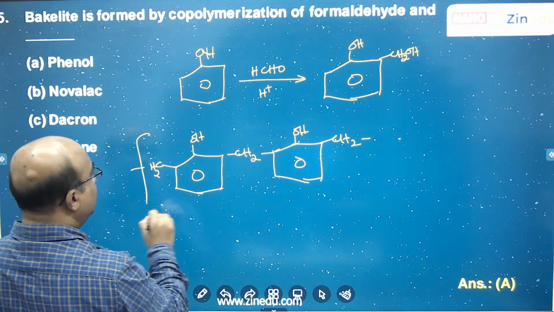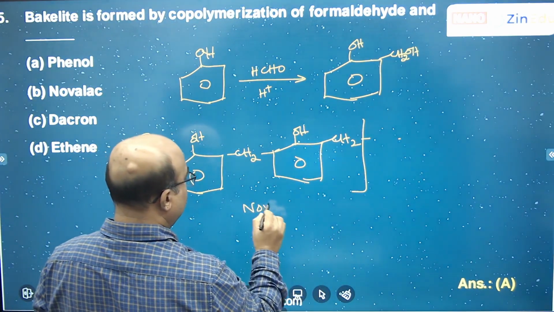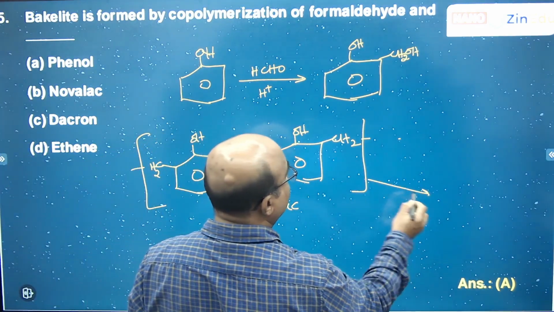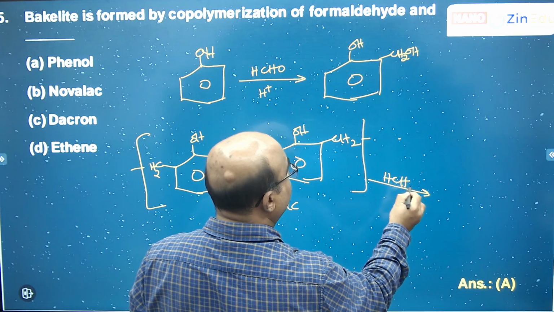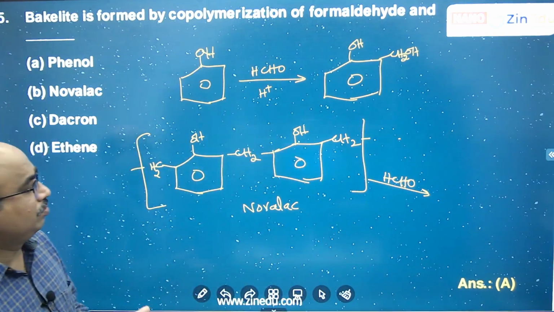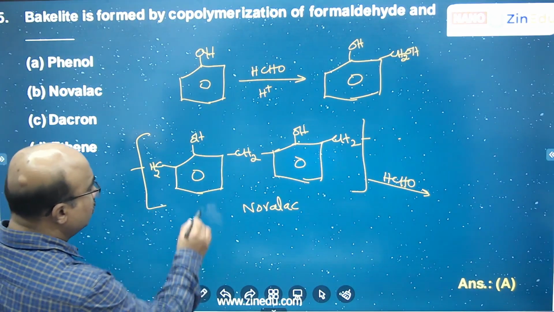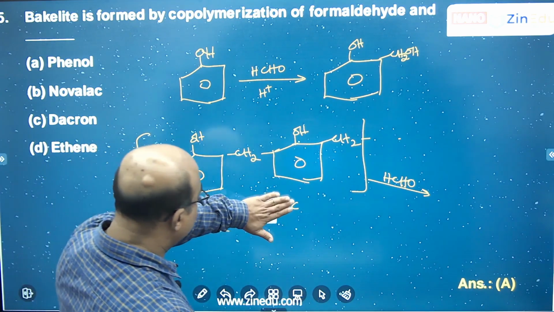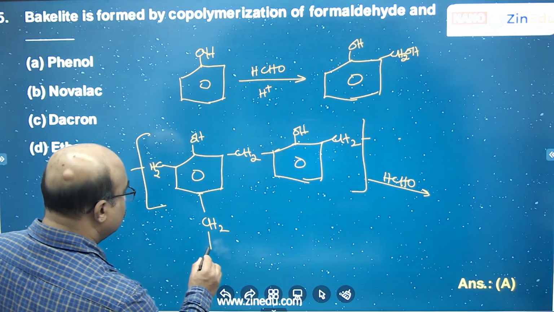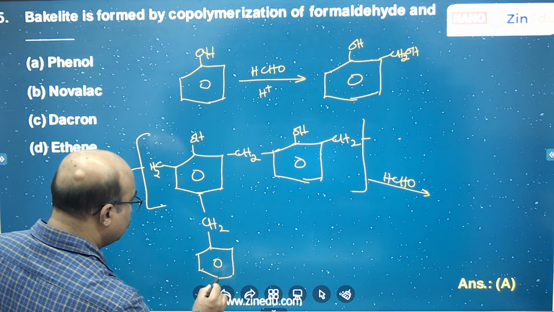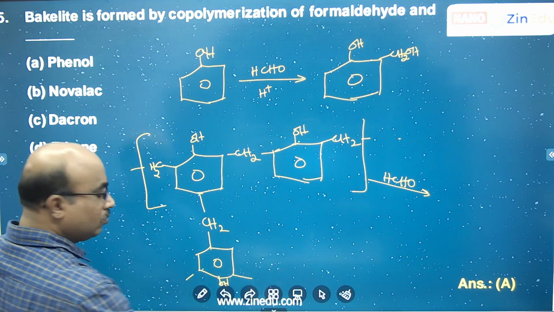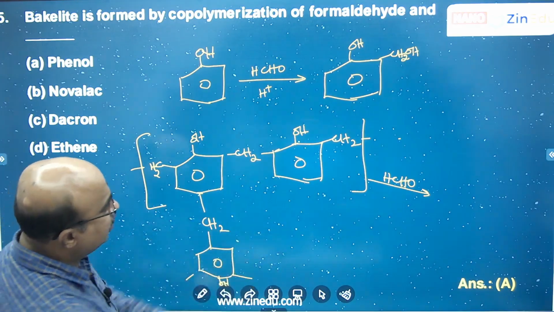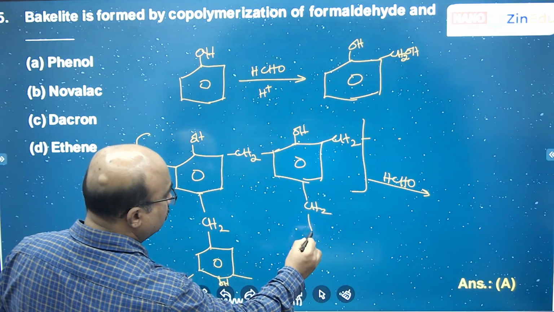This is what we call the linear polymer Novolac. Then when it again reacts with formaldehyde and phenols, it converts into a three-dimensional structure, with CH2OH again here. This is bakelite. So the same linear chain repeats again with formaldehyde.